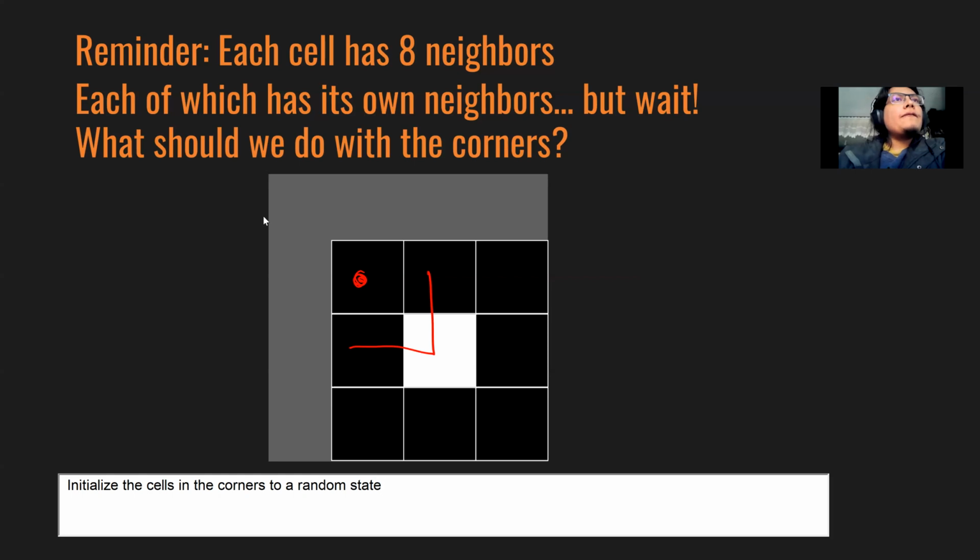Imagine a 50 by 50, so initializing every non-existent neighbor with a 50-50 chance of being alive. Oh, okay, I see what you mean, like simulating it. Got it.